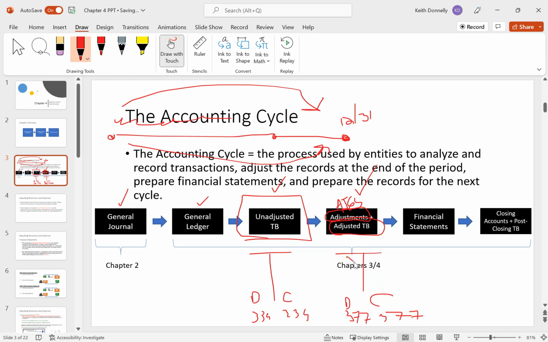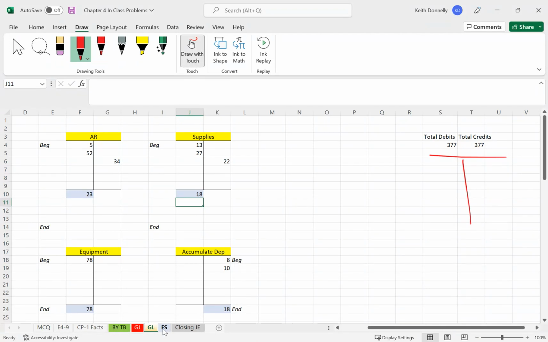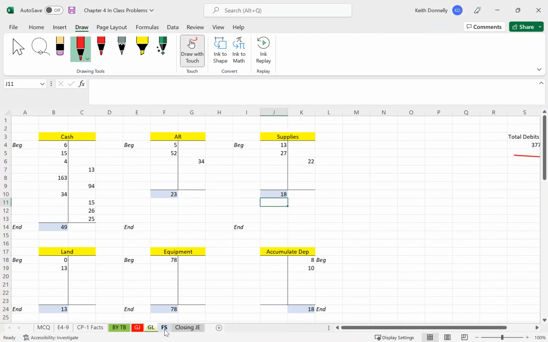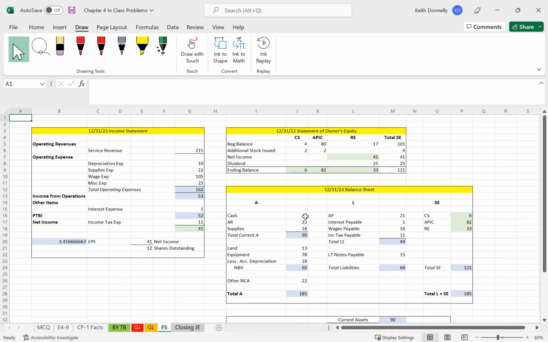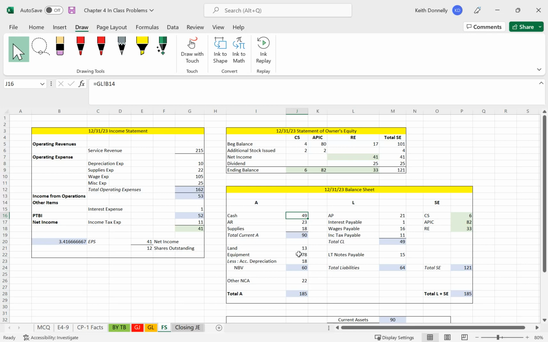Now, all of these account balances we would transfer over to the financial statements. I've linked the financial statements in this tab to the ending balances here, so cash, 49, comes from this 49. You really don't have to do anything; I have automated all of this by building out an Excel spreadsheet.